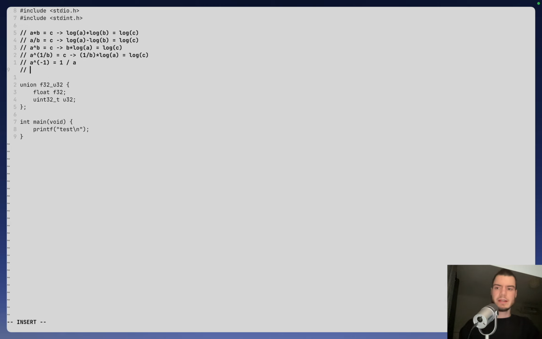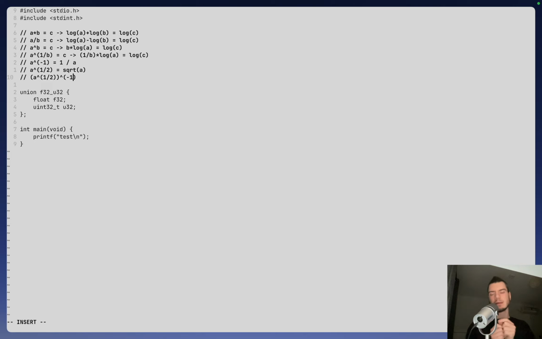So if we want to create the inverse of a square root, well, actually let's do the square root first, which is a to the power of 1 divided by 2. That's square root of a. We create the inverse square root by basically doing a to the power of 1/2 and that to the power of -1.